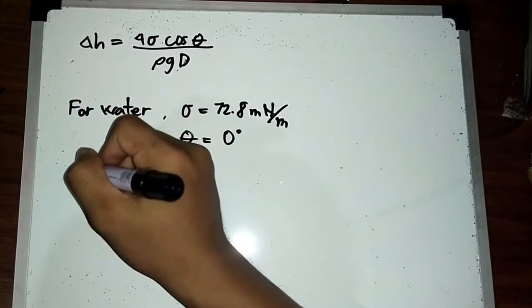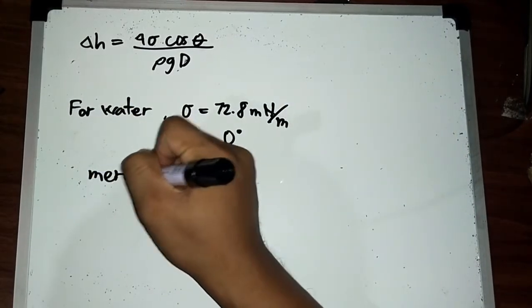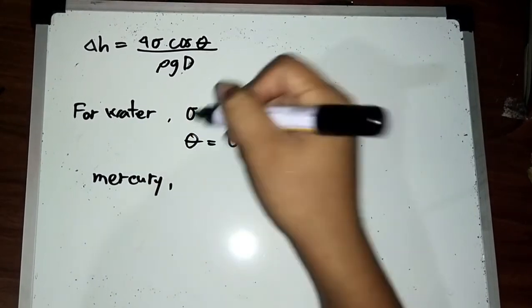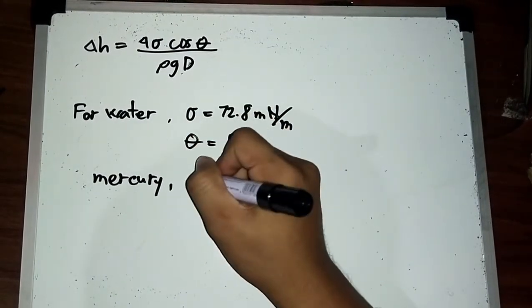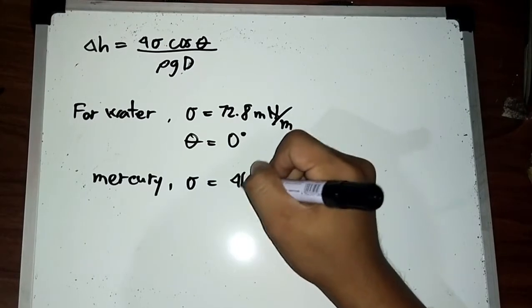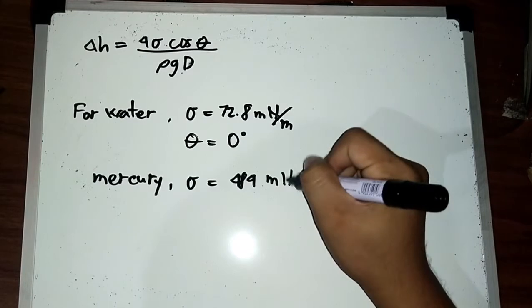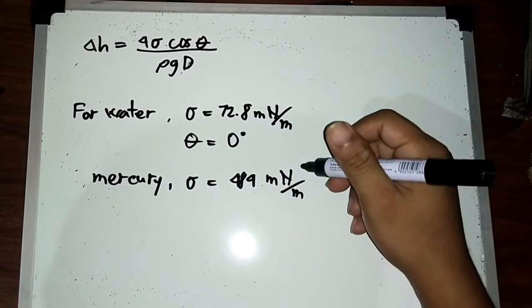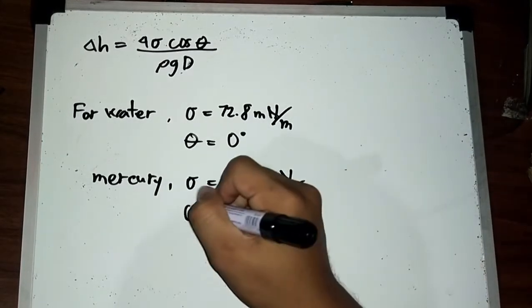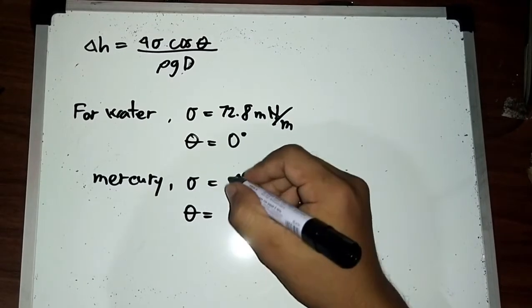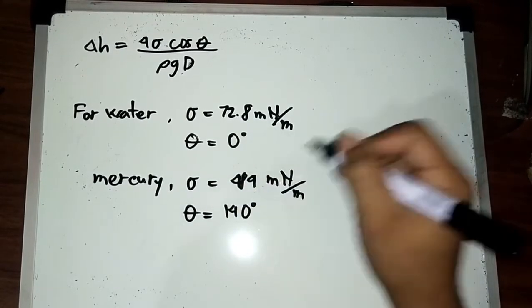And for mercury, sigma is equal to 484 millinewton per meter, and the angle theta is equal to 140 degrees.